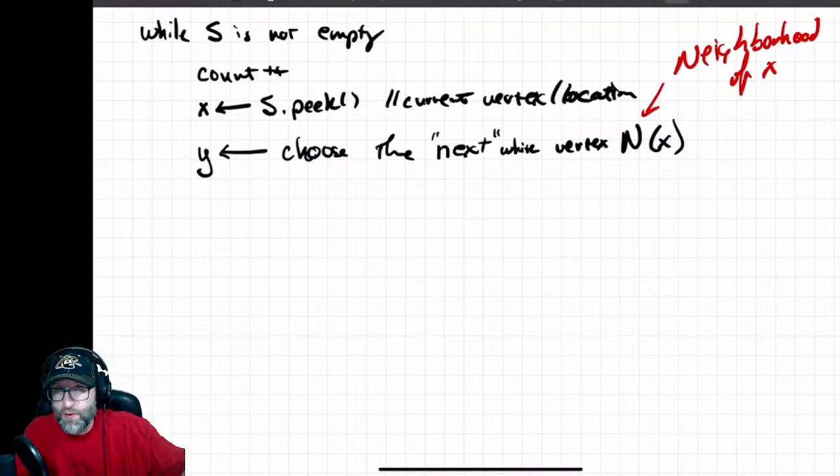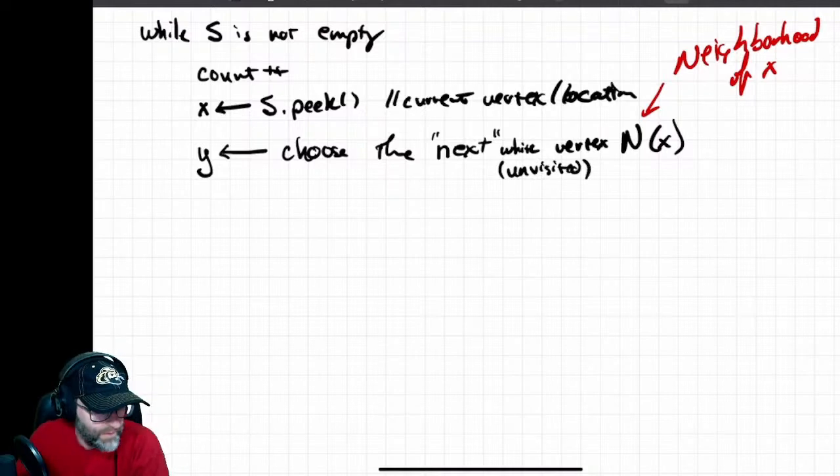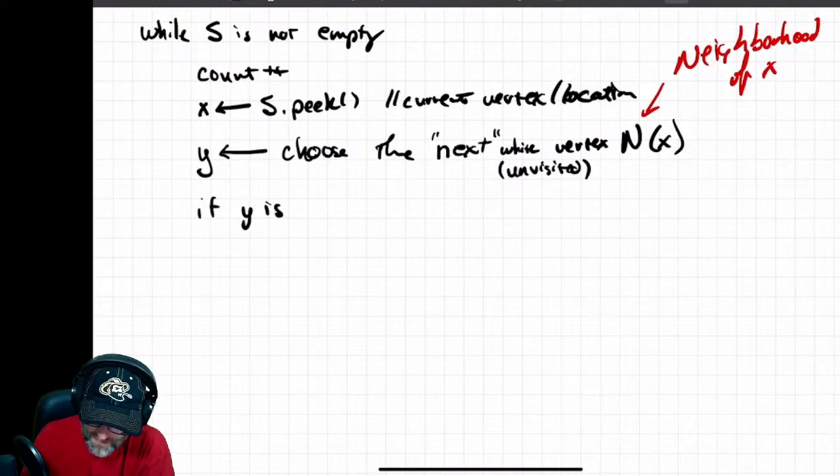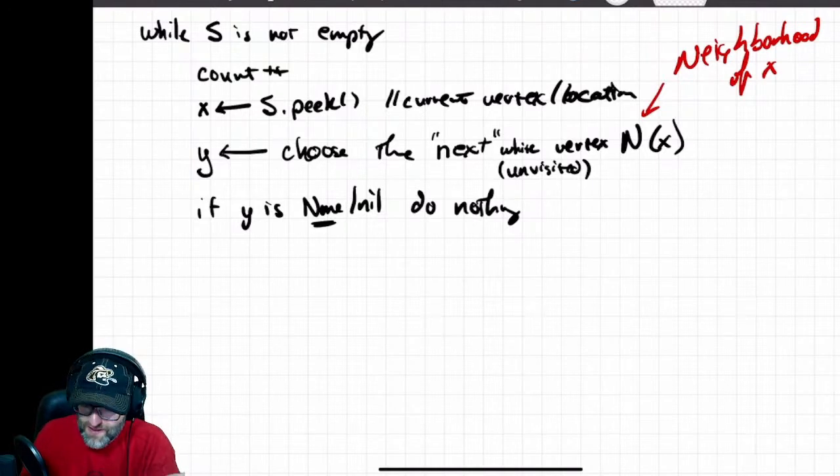Remember, sometimes there will be gray vertices, there will be black vertices, but you want to go to the next unvisited vertex, right? So unvisited, right? If there is none, if y is none or nil or whatever, this is too Python-y here, but if there is no next vertex, do nothing, right? So I just wrote that as annotation here. I'll go ahead and keep it as a comment here. If y is nil, do nothing, right?